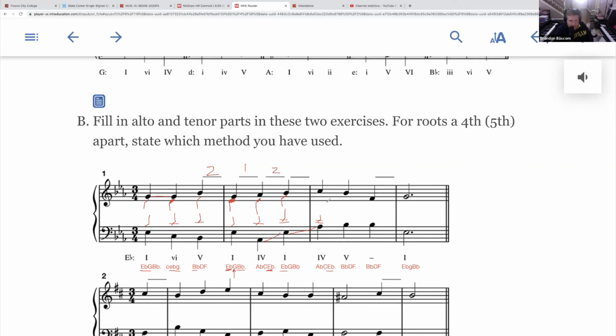And then stepwise motion? Double the root for the A. That's way number 1, correct?